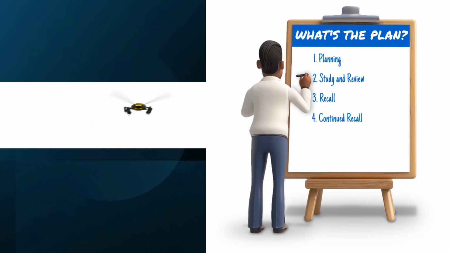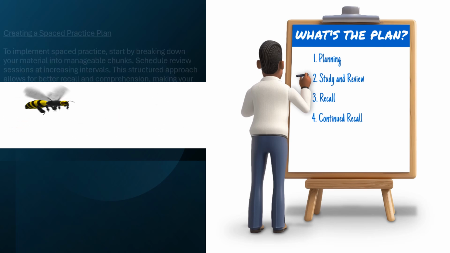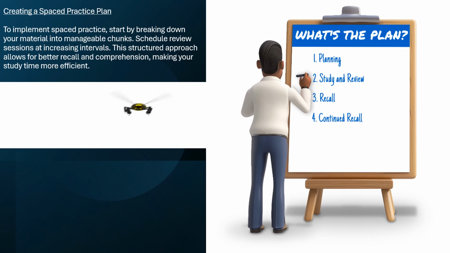Step 2, study and review. Dive into the material for the first time. Engage with it through various learning strategies such as reading, note-taking, group projects, etc. Then review what you learned to summarize your initial understanding.